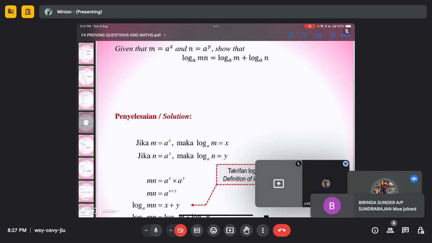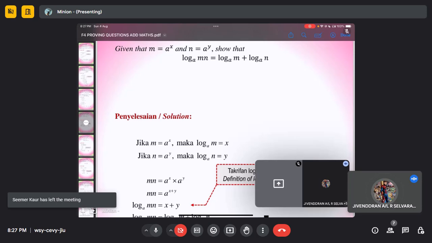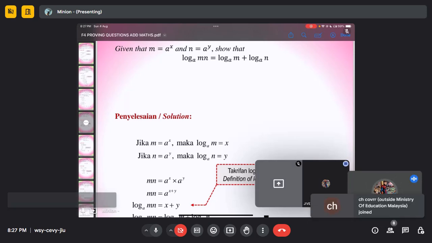And then mn equals a to the power of x times a to the power of y, and since they're the same base, you can add the powers, so mn equals a to the power of x plus y. So you can insert log a to both sides, and then log a mn equals x plus y.